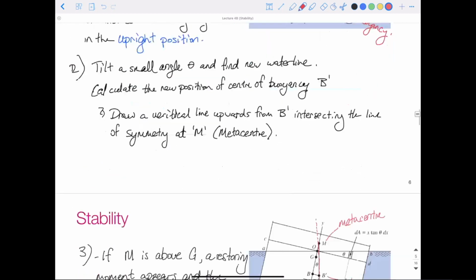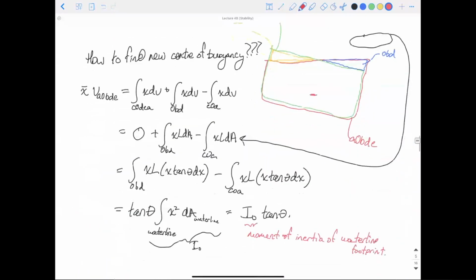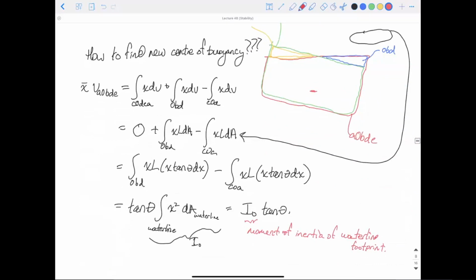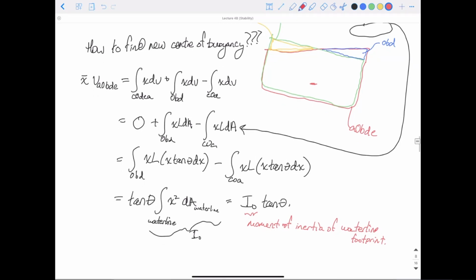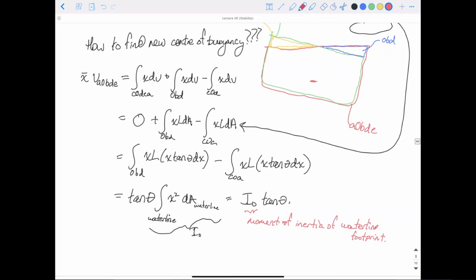If we have an object that has a larger moment of inertia, that means for some tilt, a larger moment of inertia would create a larger displacement of our center of pressure. And if we have a larger displacement of our center of pressure, there's a higher likelihood that the metacenter will be above our center of mass. So for stability, having a larger I0 or a larger footprint tends to be related to having a more stable object.